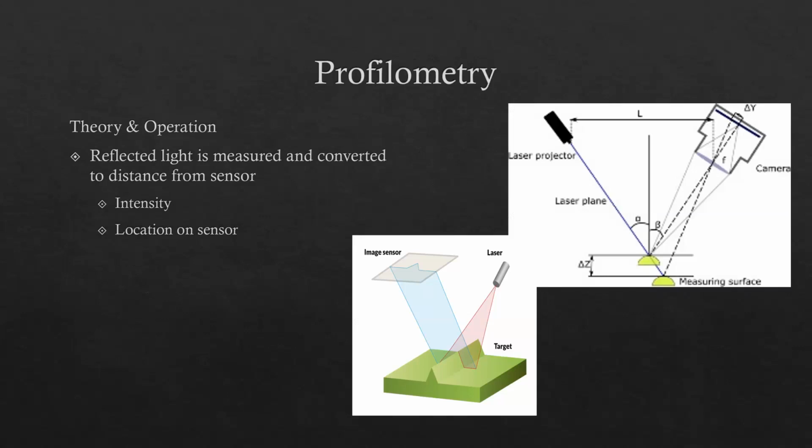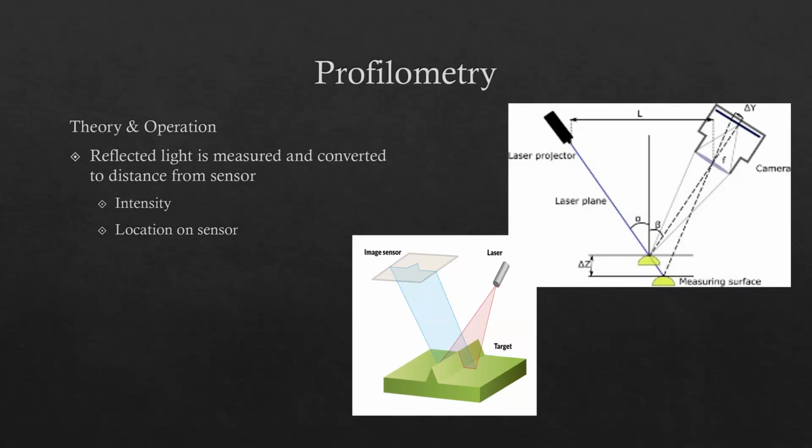The other thing it's looking at is the intensity of the light, right? So the light that's coming down and hitting the right side of this little triangle, most of that is going to reflect off to the right, away from the sensor. So that area is going to appear dark.